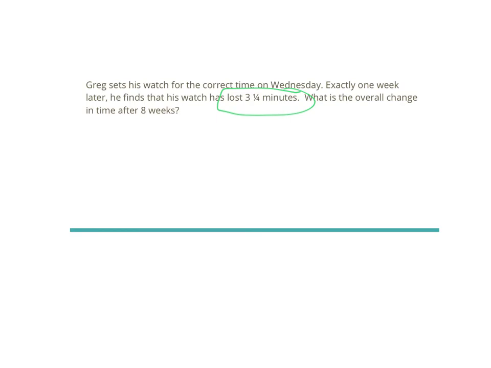What's the overall change in time after 8 weeks? So each week, it's the exact same time that I'm losing. If I'm losing it, is it positive or negative? So let's change colors. Negative 3 1/4, and that's happening 8 times. 8 weeks. So I'm simply multiplying by 8.